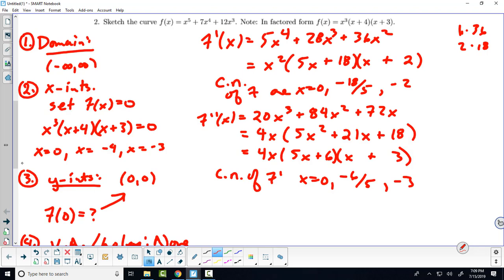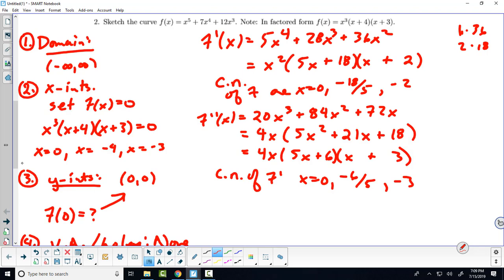I'm not going to try and trip you up with this naming issue, but I do need to distinguish between the two critical number sets. These are my potential locations for local maxes and mins. These are my potential locations for inflection points, okay? So I do want to distinguish between the two.